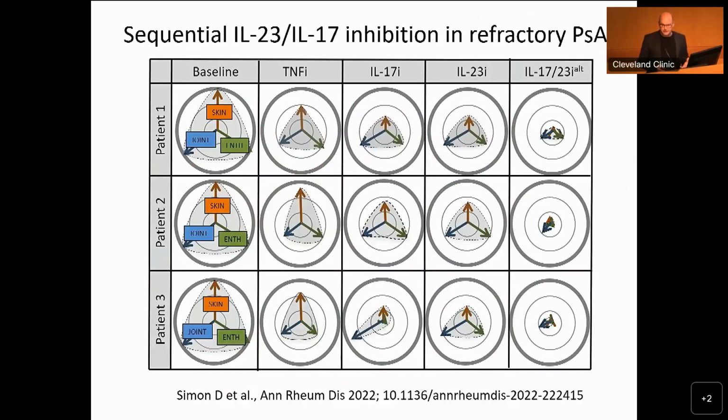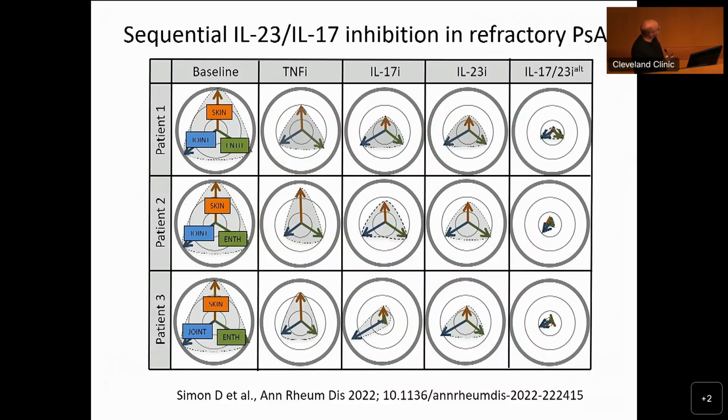Now, some patients, and this is, I think, still a minority, because I think the treatment resistance has multiple reasons. It can be anxiety, depression, it can be actually existing damage, but occasionally it can be also a resistant disease. And these are three examples of a treatment-resistant patient, patient 1, 2, 3. These arrows actually indicate skin, joint, and enthesial disease.